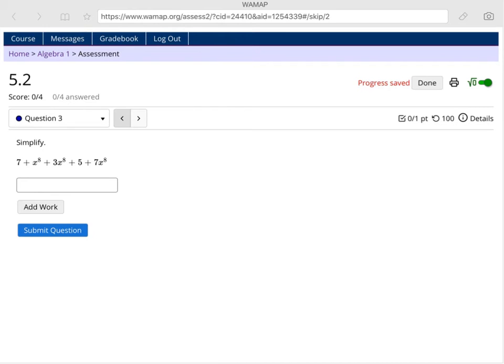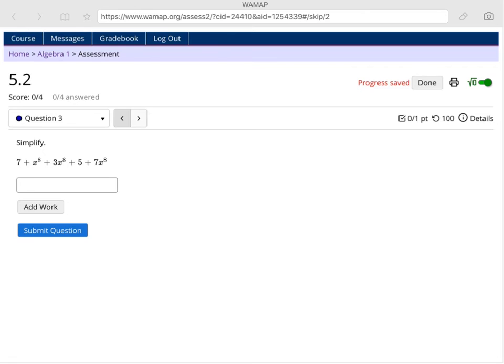I cannot combine that with the x to the 8th because the 7 does not have any x's in it, and certainly not x to the power of 8. So I look for anything else that has no x's in it, and you notice I do have that here with the 5. Notice when I marked it, I included the plus that was in front of it. That helps me remember whether I'm adding the 5 or subtracting the 5. In this case, I am adding it, so 7 plus 5 is going to give me 12.